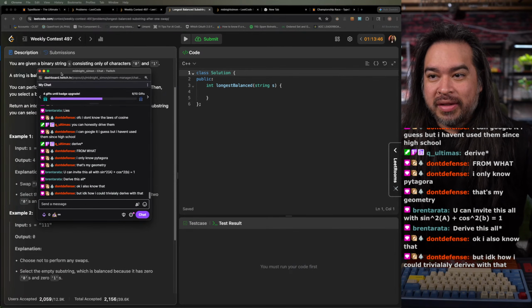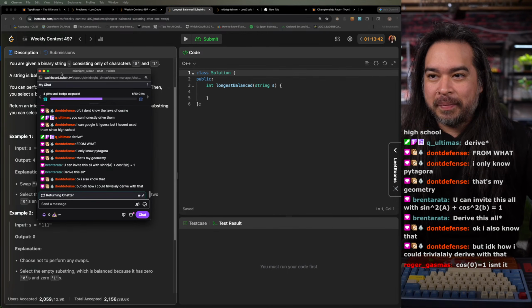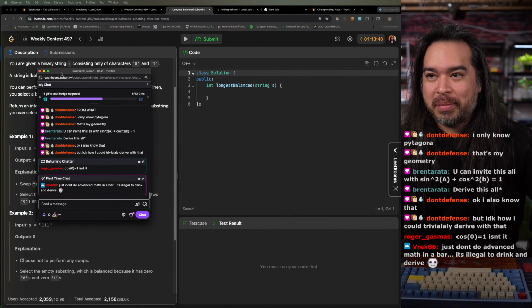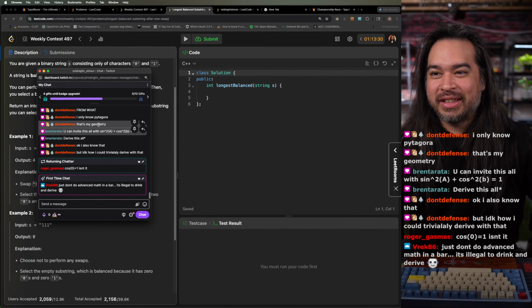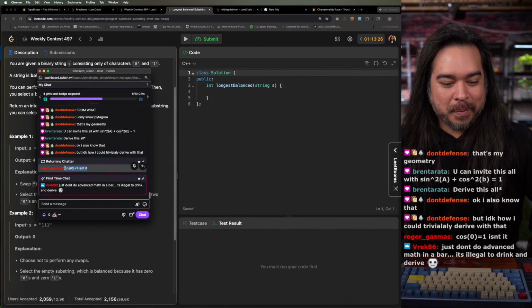You can derive this all with sine squared a plus cosine squared b equals 1. Wait, how do I know that? How do I know that formula? Cosine 0 is 1, isn't it? I think so, man.